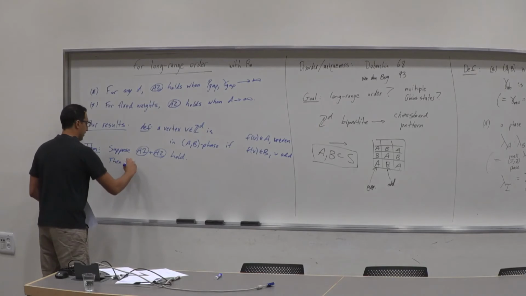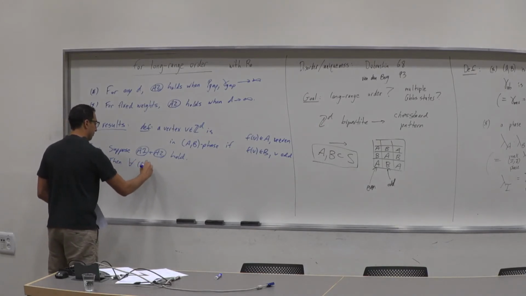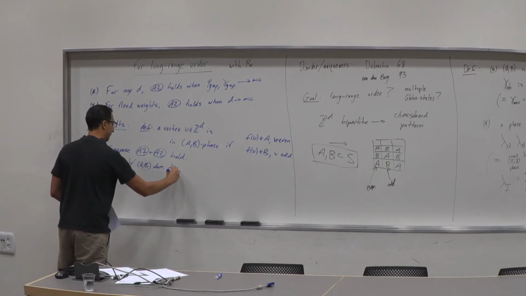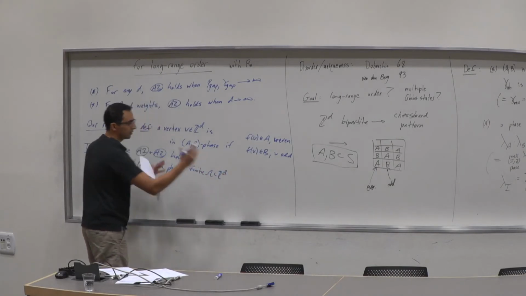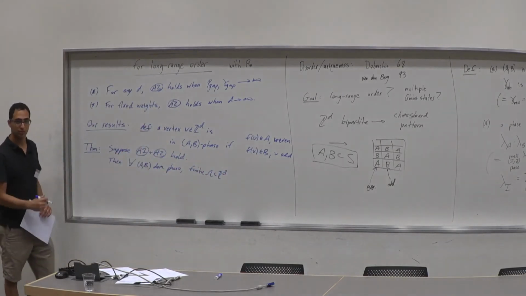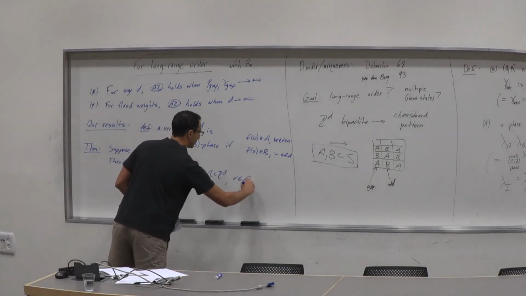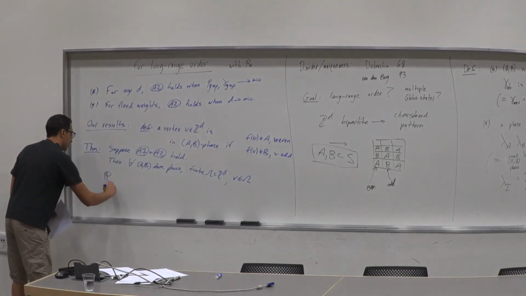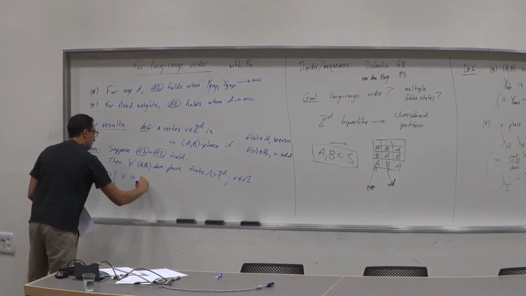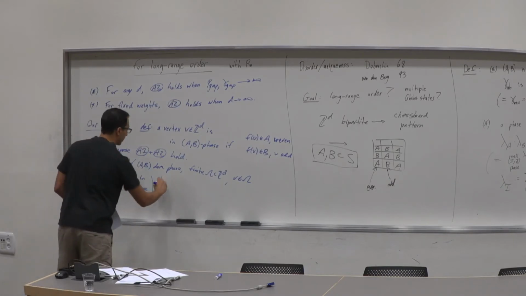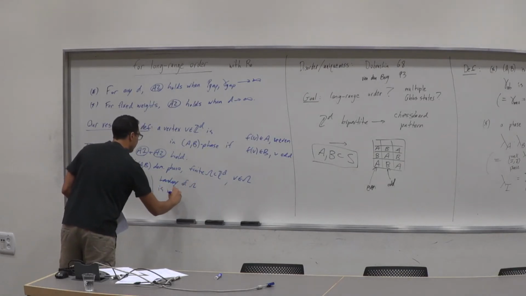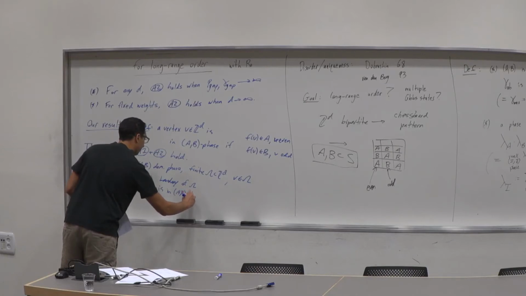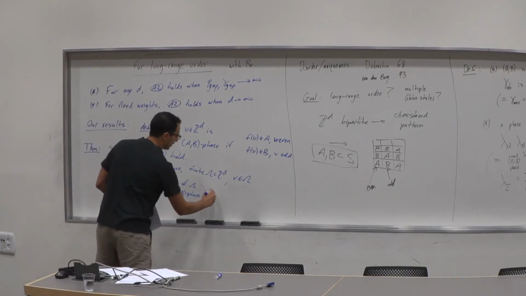Then, for any dominant phase, for any finite omega, this was the box where the model was defined on, and for any vertex in omega, the probability that v is in the AB phase, conditioned that the boundary of omega is in the AB phase, is at least, say, 0.99.